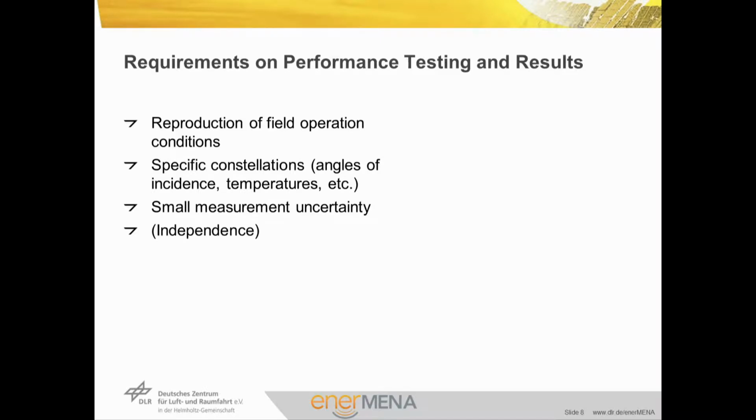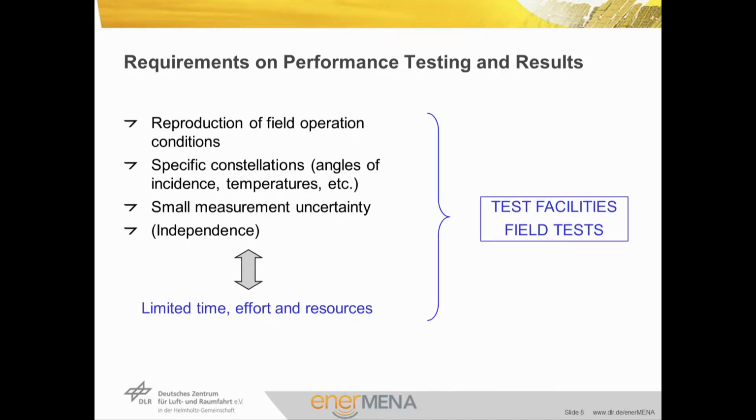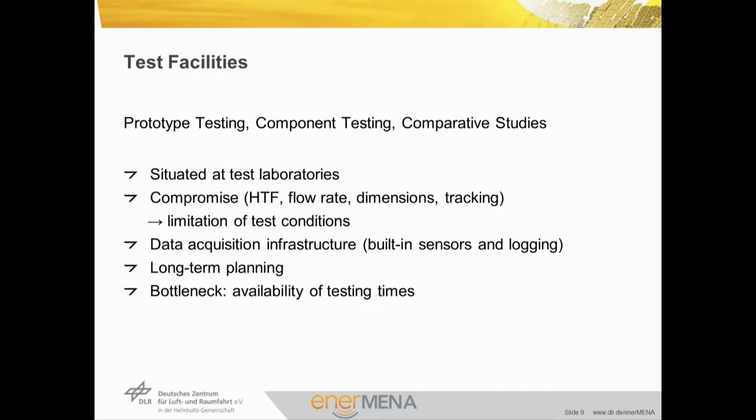And in the case of system assessment for certification purposes or in the context of acceptance testing, the independence of measurement matters. This set of testing requirements is to be balanced with the general testing restrictions of limited time, effort, and resources. Therefore, test facilities always represent a trade-off between desirable test conditions and required human and financial resources, as will be shown in a minute.